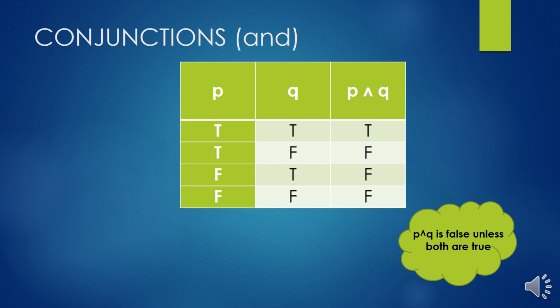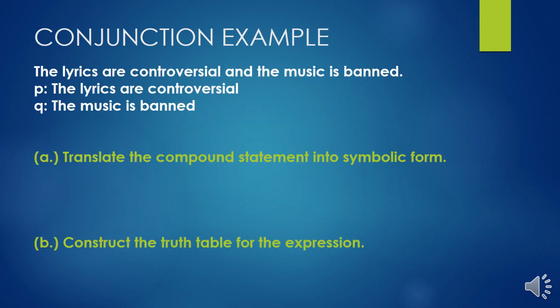So let's go back to an example. Here we have an example of a conjunction. The compound statement says, the lyrics are controversial and the music is banned. Statement P is, the lyrics are controversial. Statement Q is, the music is banned.